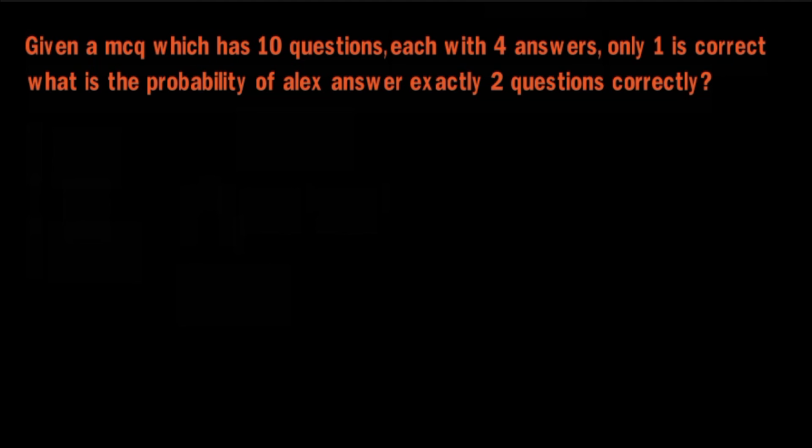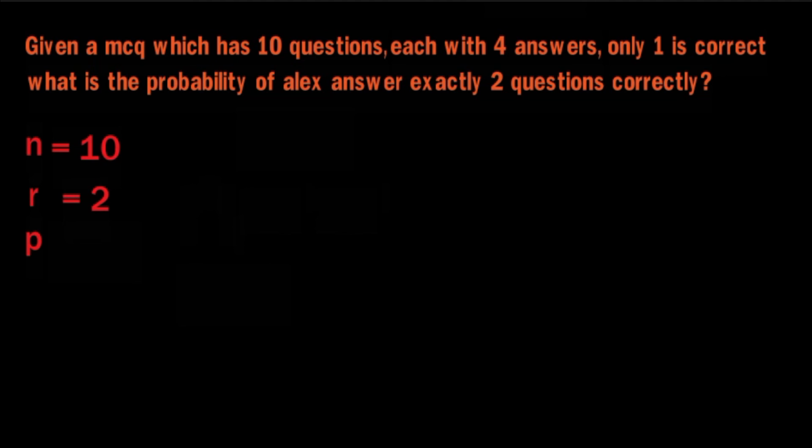The first step is always to list down what is n, what is r, what is p. What is n? We have 10 observations. What is r? We want exactly 2 questions correct.